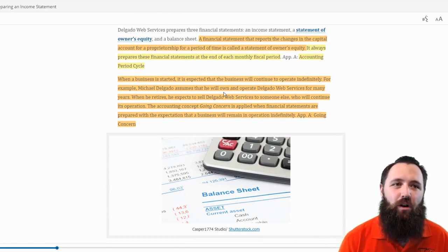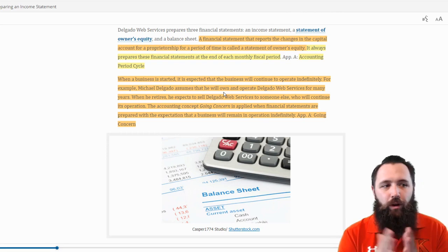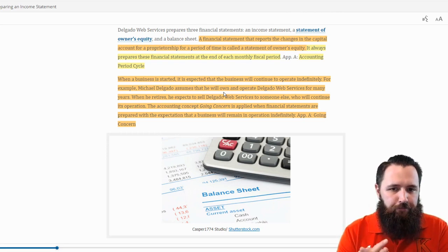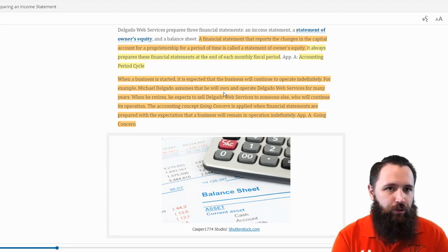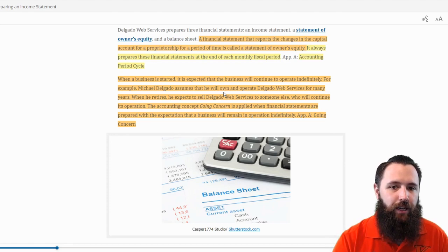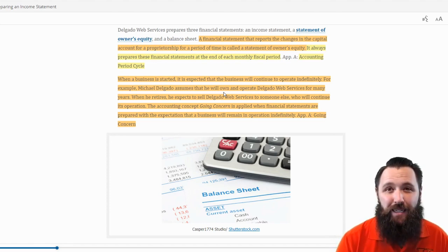And then they go over another term here, and they kind of hide it in, but this concept is called a going concern. What a going concern means is that there is the expectation that the business is going to continue to be running and continuing to be in business.